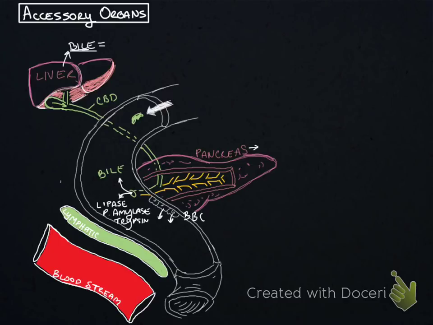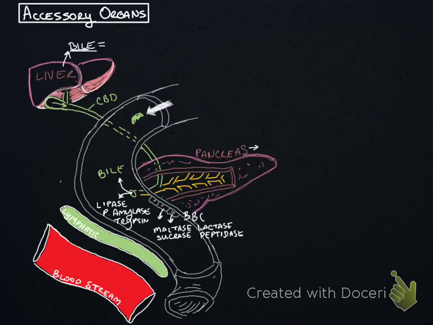So these enzymes are things like maltase, sucrase, lactase, and also peptidase. They're breaking these digestive particles into smaller bits so that they can then move into the bloodstream.